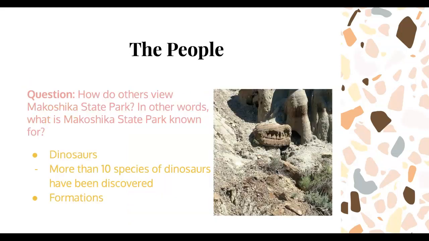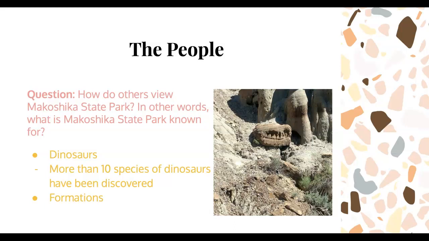Lastly, I'm going to talk about the people. My question is, how do others view Makoshika State Park? In other words, what is Makoshika known for? It is known for its fossil remains of over 10 species of dinosaurs.